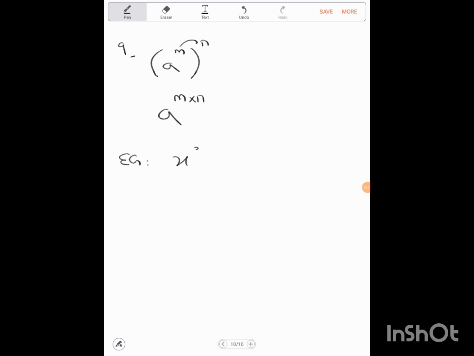If you have x cube and your whole power is 2, remember the powers are not going to add, they are going to be multiplied. So it's 3 into 2, which is 6. So it's going to be x to the power of 6.